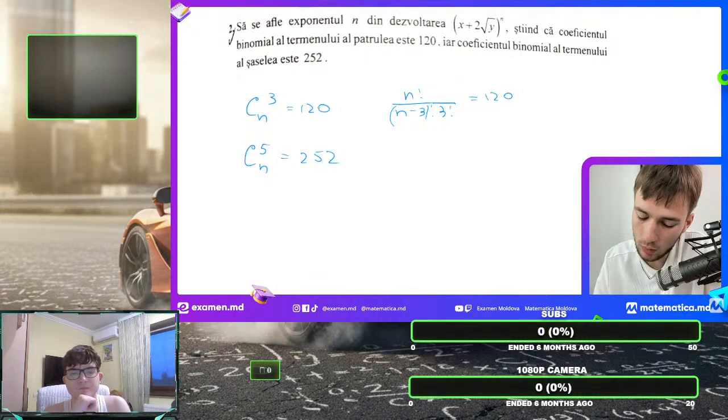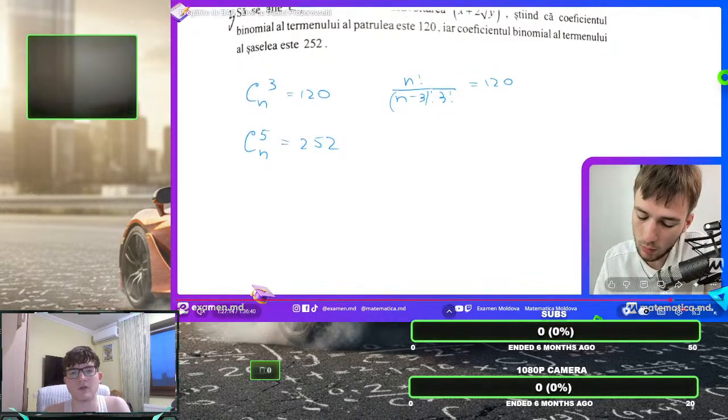Yeah. So we have an exclamation mark on top. We have to write down n minus 3 exclamation mark on top times n minus 2 times n minus 1 and n. And we're gonna simplify, and that's it.